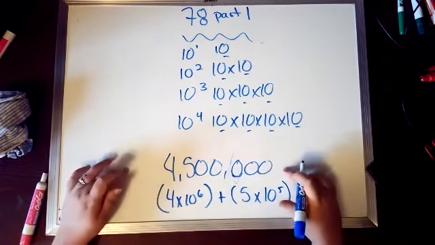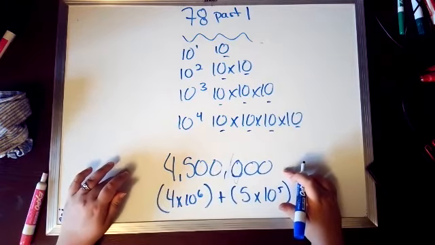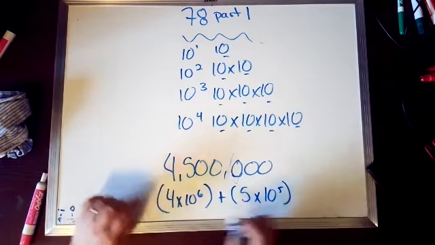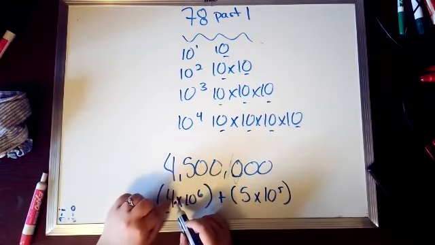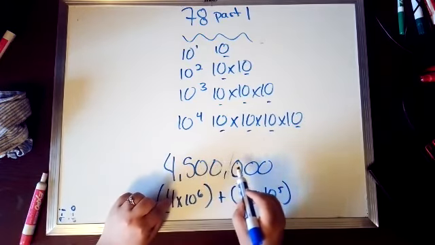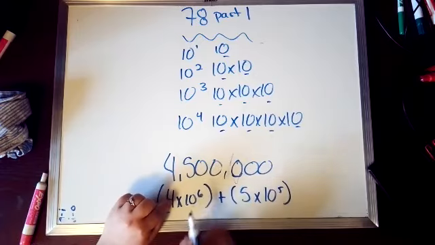This is the same as this. Again, all I've done is counted how many places are after that number. So I've gone 4, and to get that 6, I've counted 1, 2, 3, 4, 5, 6. Okay, 10 to the power of 6.